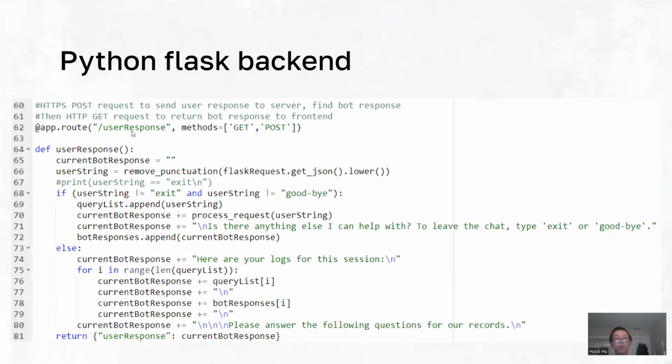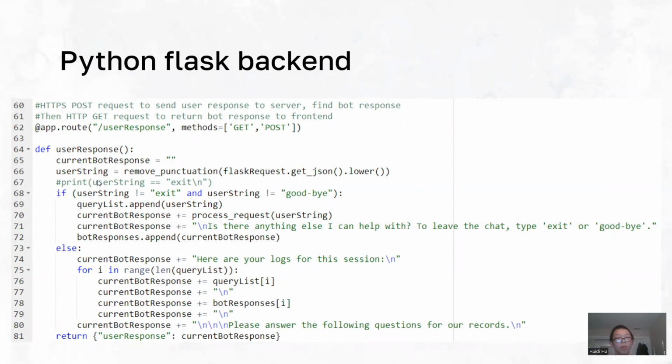And then here we have an app route, which is used to communicate to the front end, and there's a URL to it. And for this route, there's get and post, and it takes the user string from the front end through a fetch request. So the fetch request ends up in this Flask request variable, and then from there, it's filtered appropriately as a JSON object.